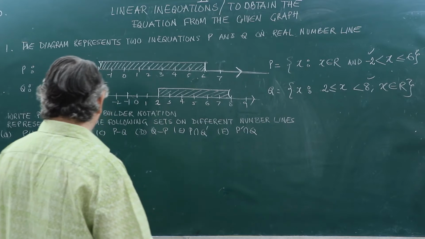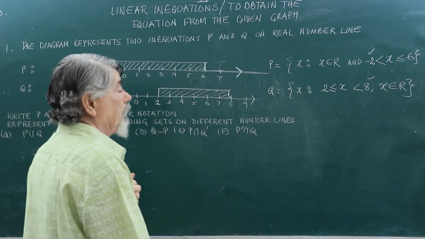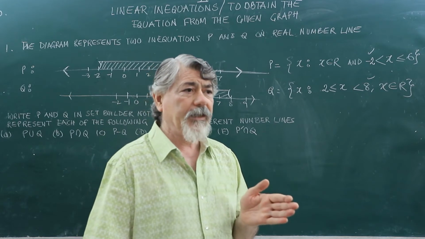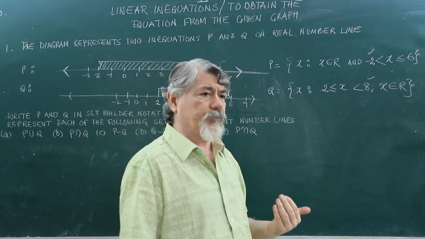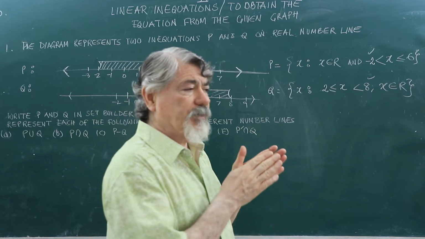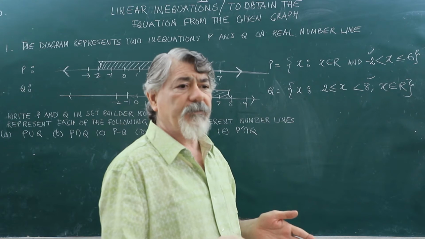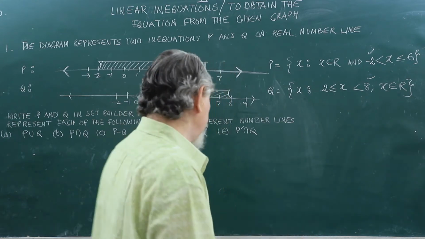For example, the first one is P union Q. P union Q means the elements of P or Q or both. The elements which belong to P also, which belong to Q also, and there are some common elements, they will also be taken into it.